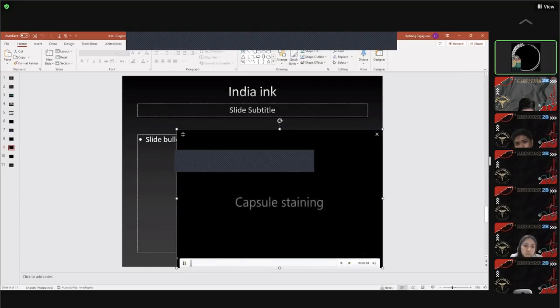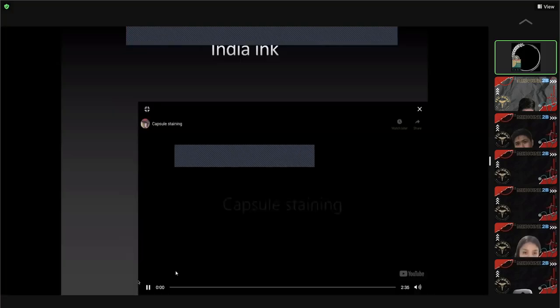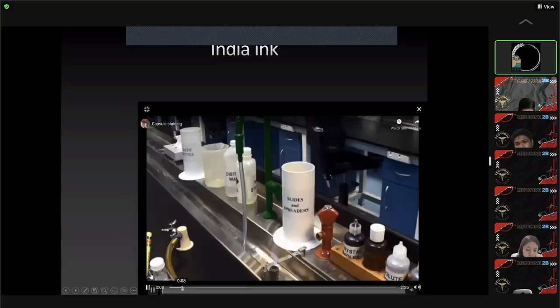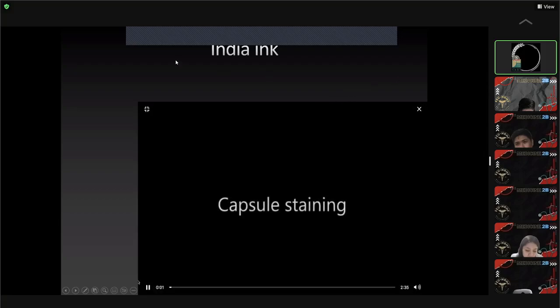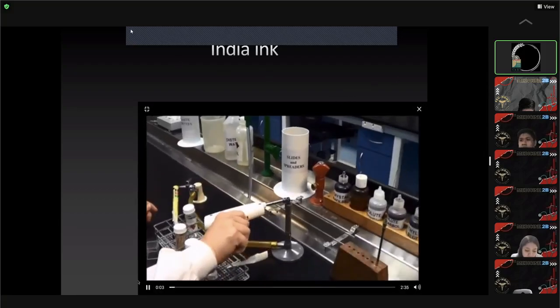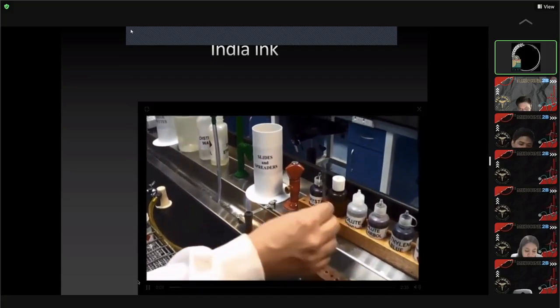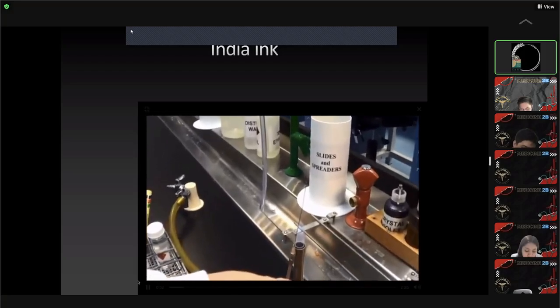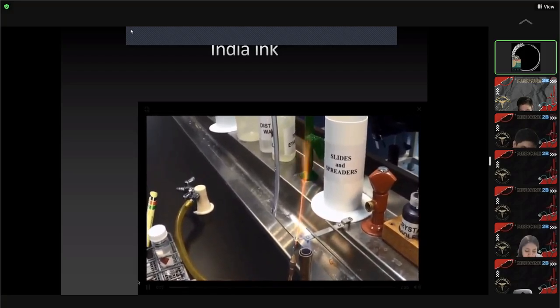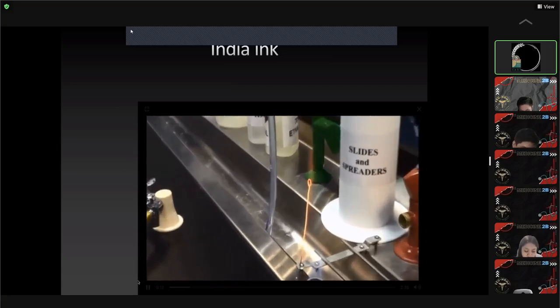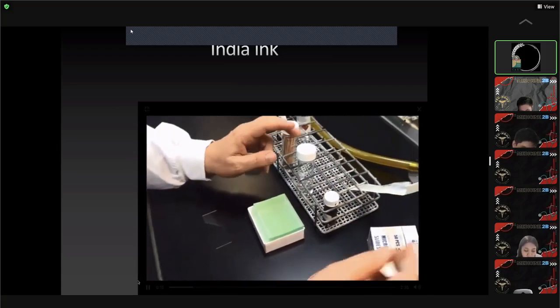Capsule staining. To prepare an India ink wet mount for microscopic examination of Cryptococcus, pre-flame a loop to ensure it is sterile. Using the sterile loop, place a loopful of saline onto a microscope slide.